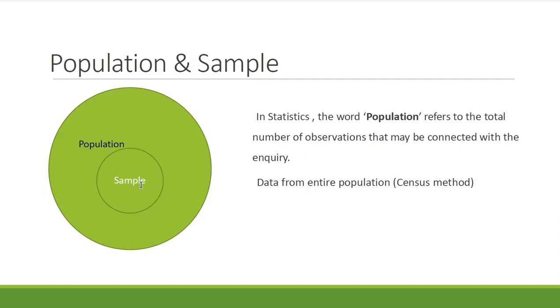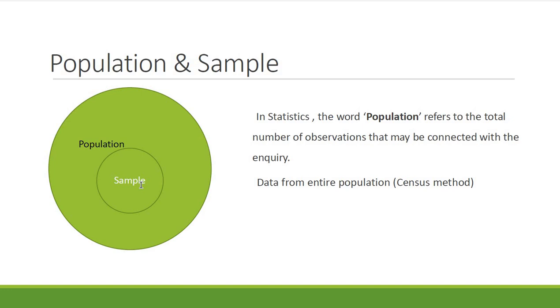Let us modify the same example that we saw previously. Suppose we are interested in knowing the average hemoglobin content of the girls studying in standards 9 to 12 in schools of a particular city or of a state. In such cases, it is better to draw a sample.